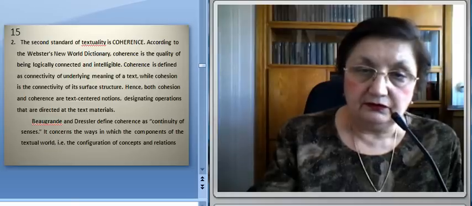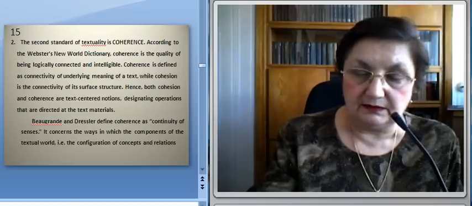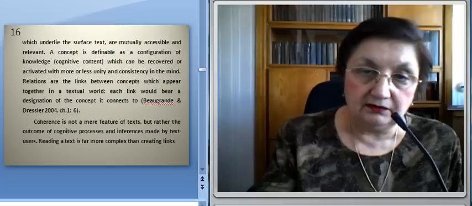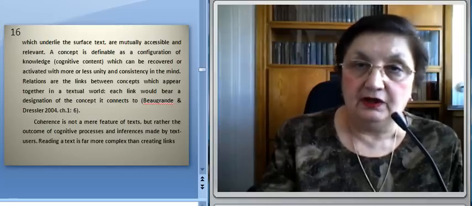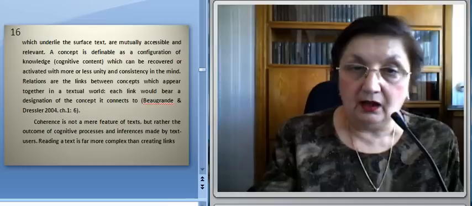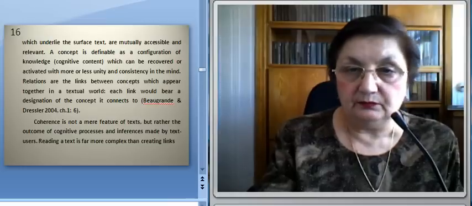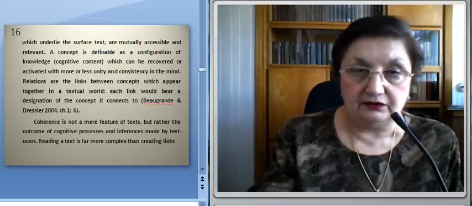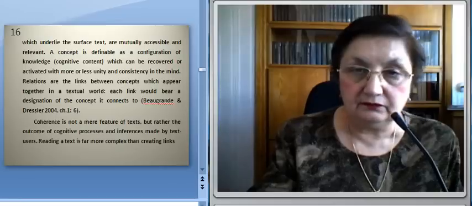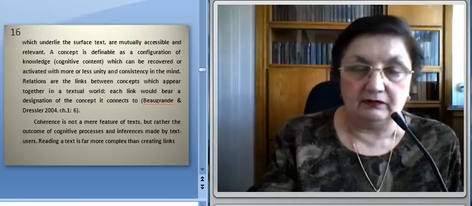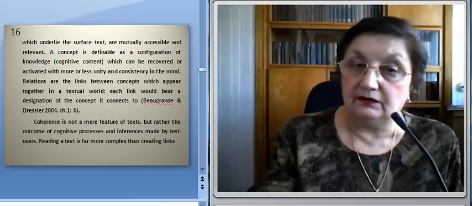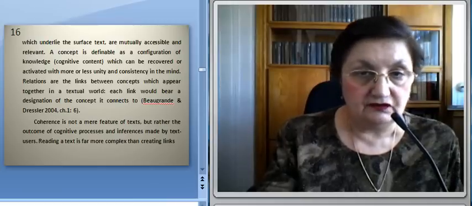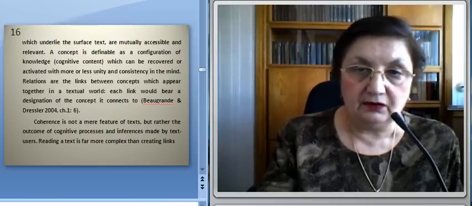A concept is definable as a configuration of knowledge, cognitive content, which can be recovered or activated with more or less unity and consistency in the mind. Relations are the links between concepts which appear together in a textual world. Each link would bear a designation of the concept it connects to.